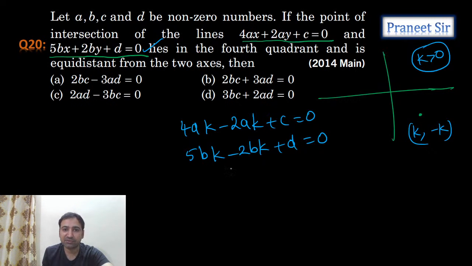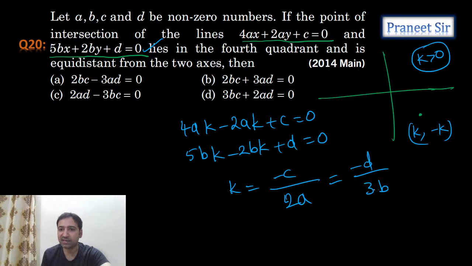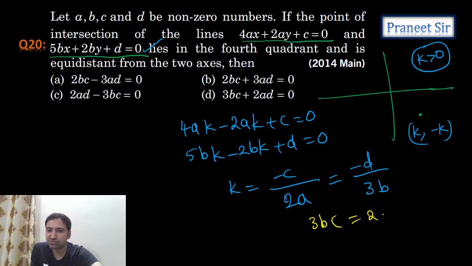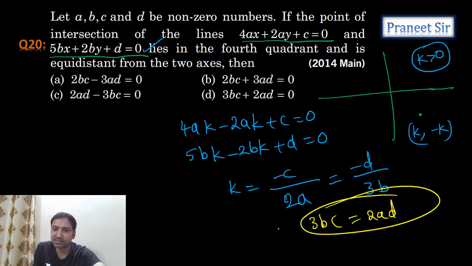From the first equation, I am getting k equals minus c by 2a. And from the second equation, I am getting k equals minus d by 3b. If you equate these two and cross multiply, 3bc is equals to 2ad. That's it. This is the correct answer.